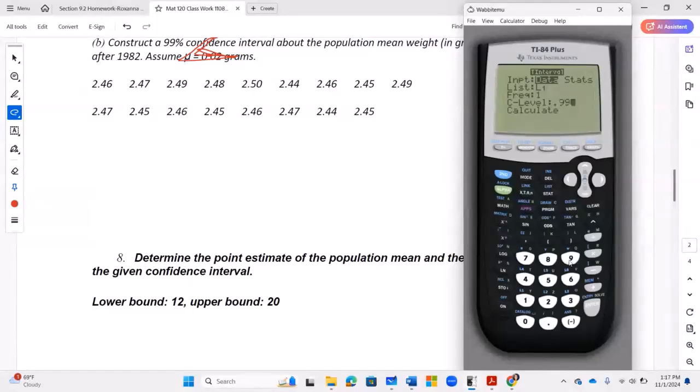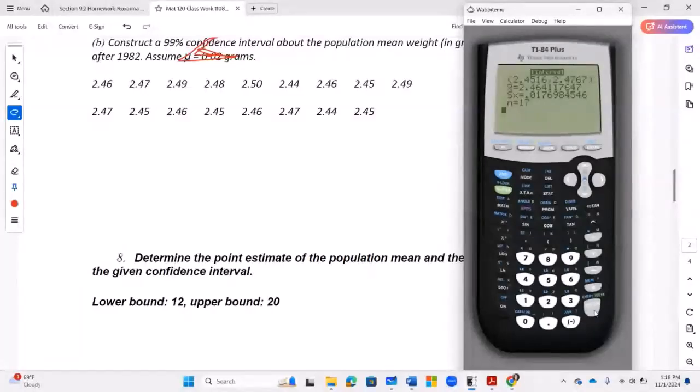So what is the 99% confidence interval? One thing you need to know is that even though this is raw data, you can do it outright with your calculator, because your calculator actually understands raw data.